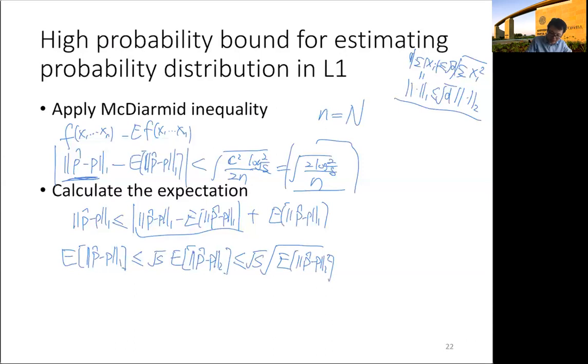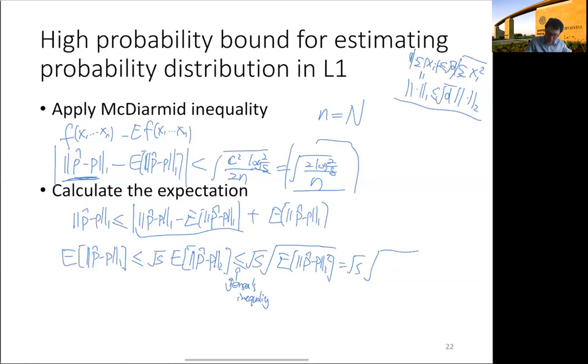So I'm going to further relax it and put the square inside the expectation. And by Jensen's inequality, then I know that this is always okay, right? And now this becomes square root of S.